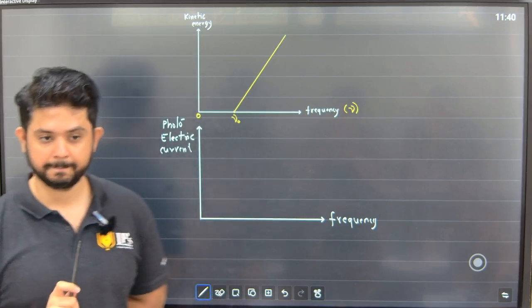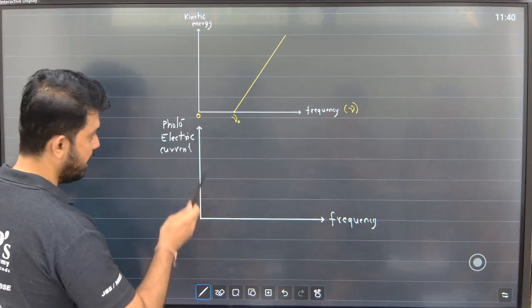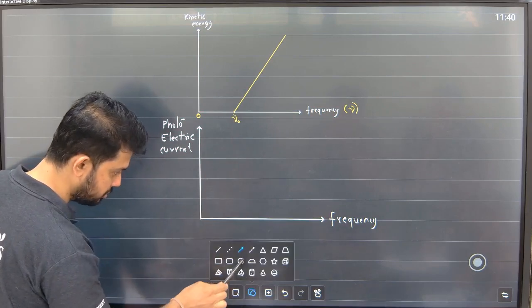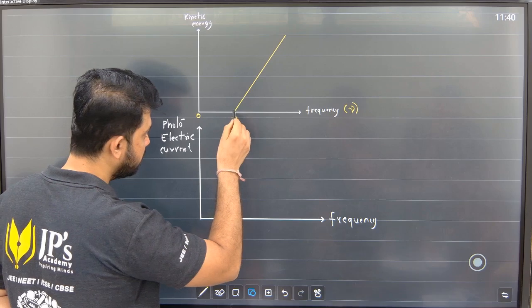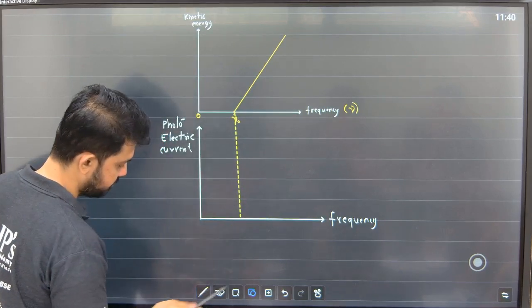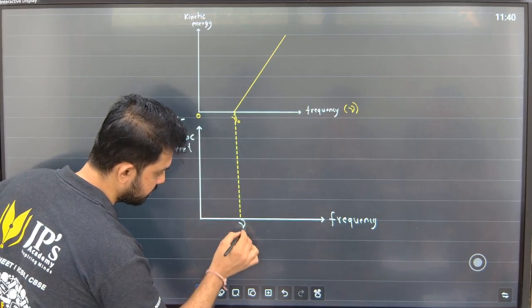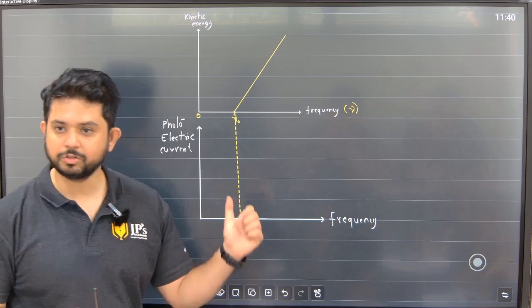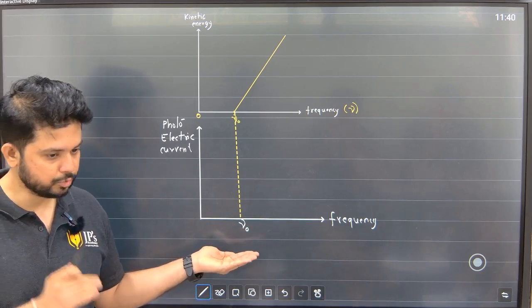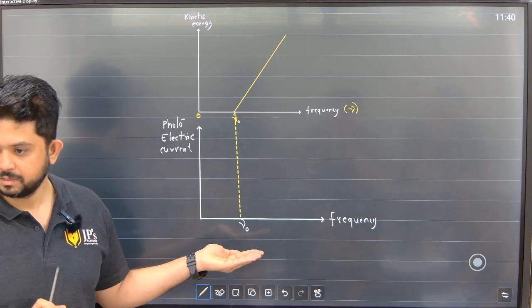Now tell me, will any electrons come out till nu naught? I repeat, will any electrons come out till nu naught? No. Why? Because the threshold frequency has to be equal to the frequency.